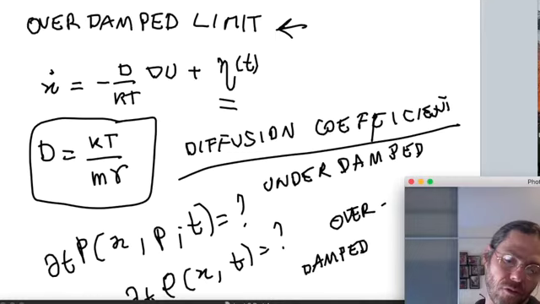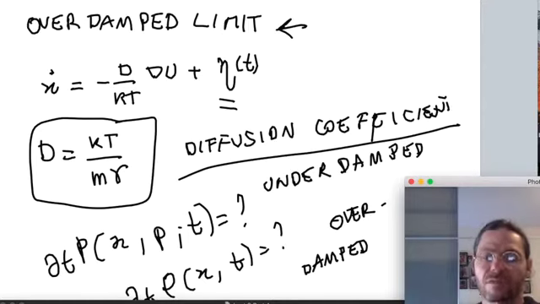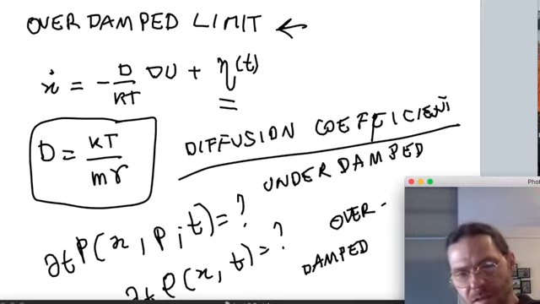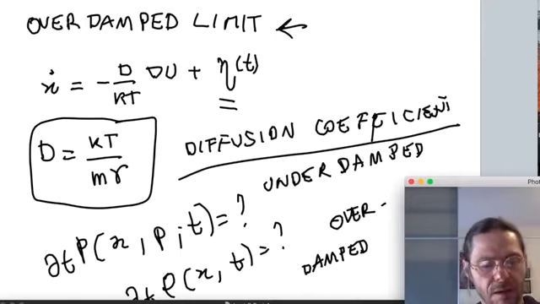Because if I'm in the overdamped case, there is no momentum in the equations of motion, there's only velocity, and it's a first order differential equation. So I don't have a definition of a phase space distribution to begin with, only a configuration space distribution. And after having obtained the Langevin equation, we came up at least with a prescription to define this evolution in a practical way.